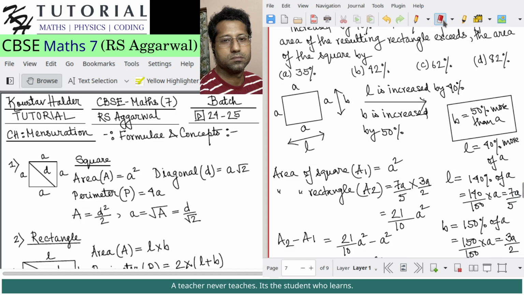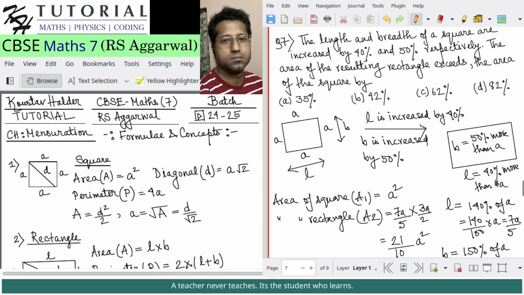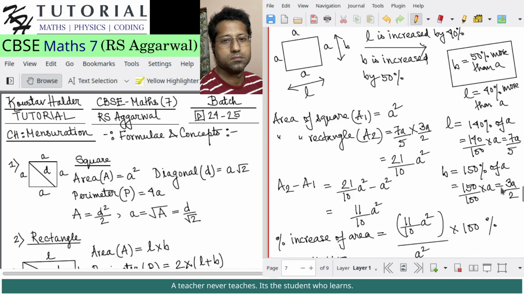40% more than A, which is equal to 140% of A, which is equal to 140 by 100 multiplied by A, which is equal to 7A by 5. Fine. The length of the rectangle will be 7A by 5, and the breadth of the rectangle will be 50% more than A, which is 150% of A, which means 150 by 100 into A, which means 3A by 2. This is fine.